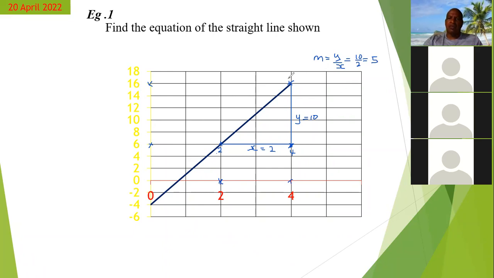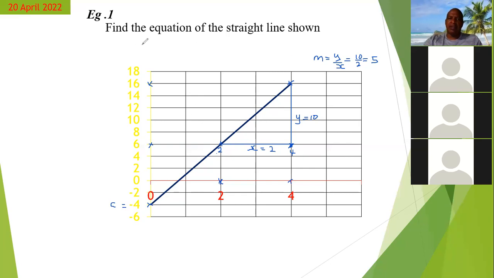Now, what else do we need to be able to write the equation for this line? Now we need to know the y-intercept, where this line cuts the y-axis. If you look at this point on the y-axis, you see that it cuts it at -4. That means the c value would be equal to -4.